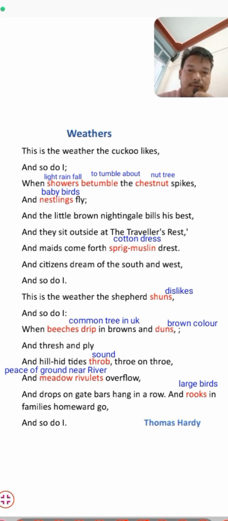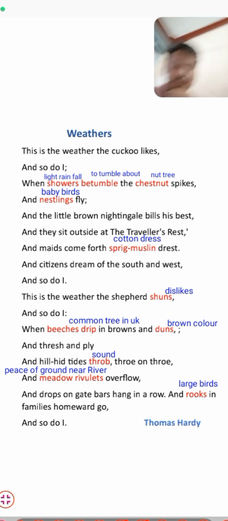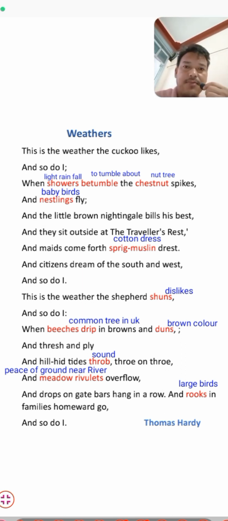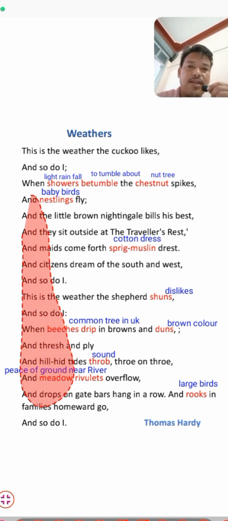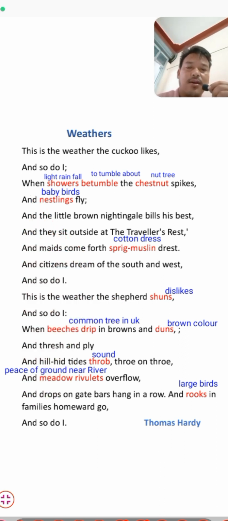And the word weather here indicates human life, where spring represents the bright side and winter represents the dark side of our life. It means in the poem the poet tries to say we have two aspects in our life.